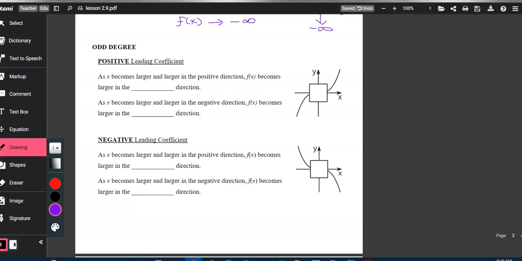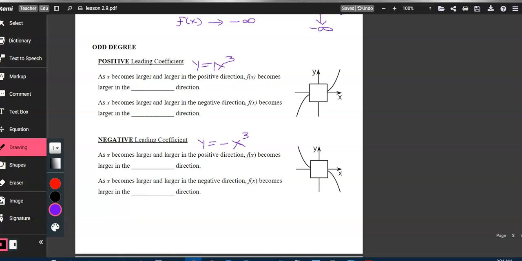Okay, now odd degree. Let's look at the example y equals x to the third and y equals negative x to the third power. In this one, there's a positive 1 right here, so the leading coefficient is positive.